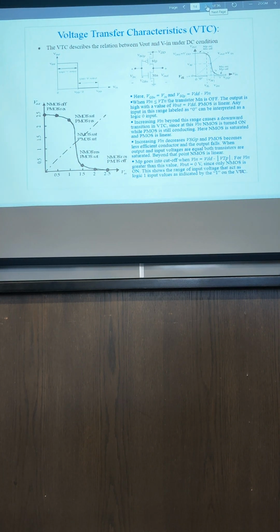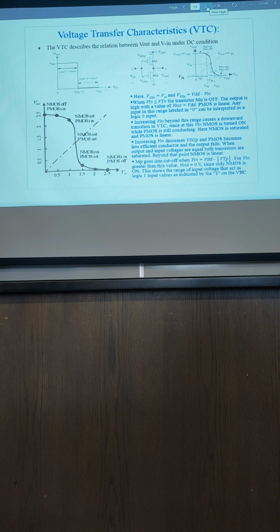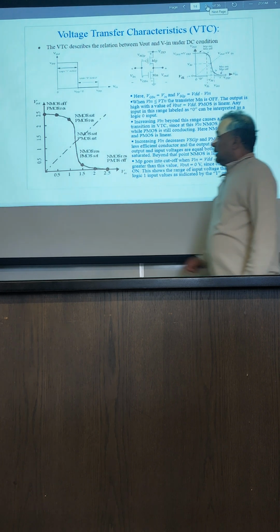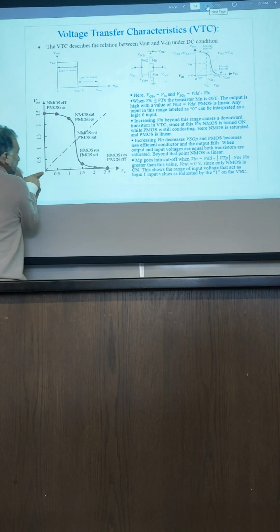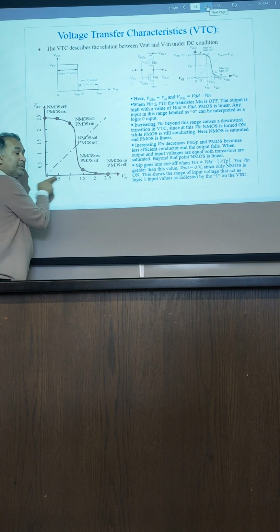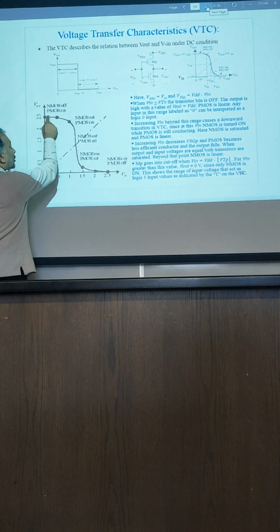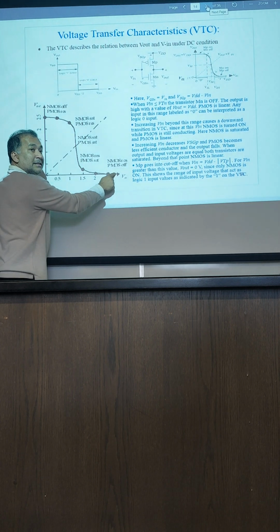Yes. So if this is an inverter, and I'm looking at the plot, both voltages are positive. Shouldn't one be the negative of the other? No. As input is going up, x-axis is input curve. As input is going up, output is going down. This is the direction.